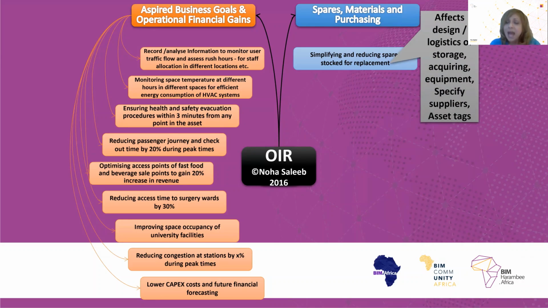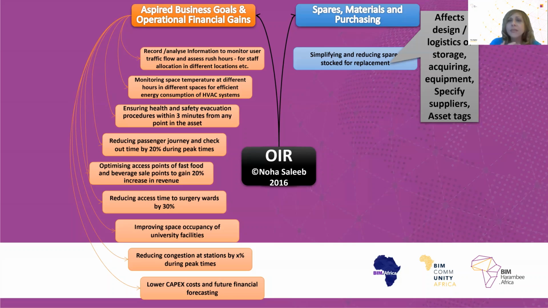It will affect how the design of that building is done, the type of materials chosen in it, the logistics of storing materials and replenishing equipment, the longevity and the life expectancy of the equipment used inside that building, the way that we specify the suppliers, the supply chain who are going to be involved with creating and maintaining those buildings, whether we use asset tags, for example.